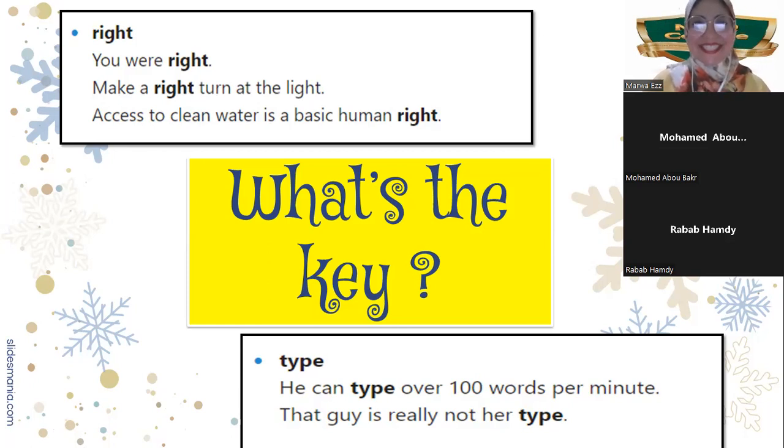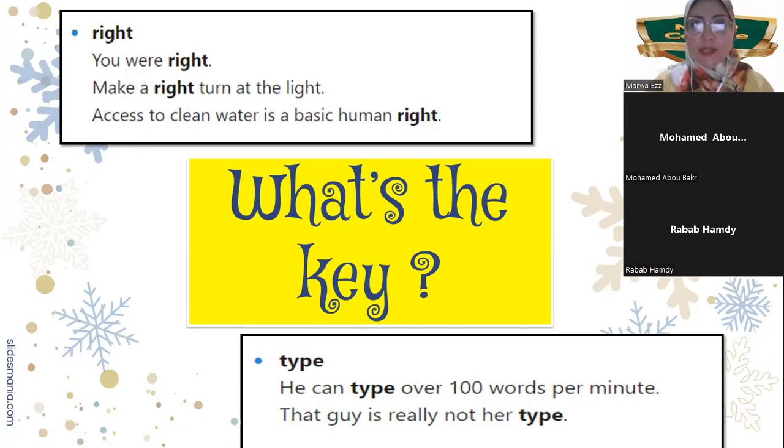And here it is a noun. Great. And the last one, access to clean water is a basic human right. Here, right is a noun, meaning something you are entitled to. It's a duty for you, or like one of your civil rights or services you can gain.